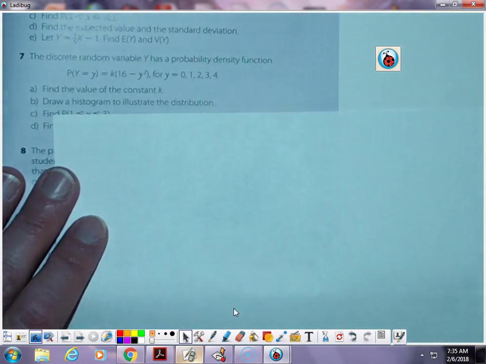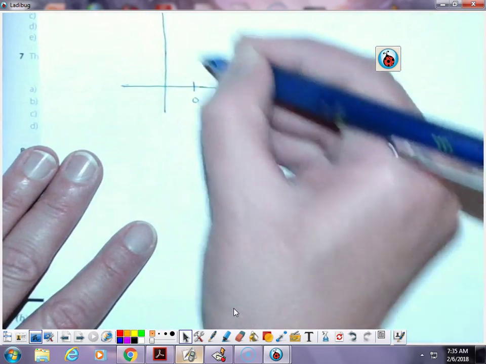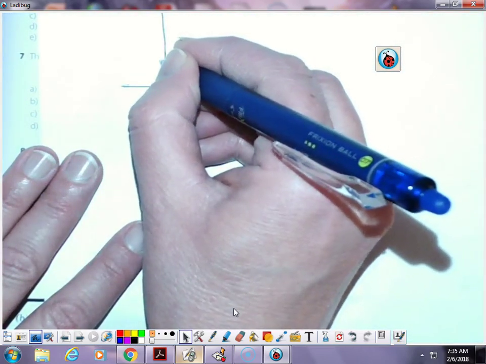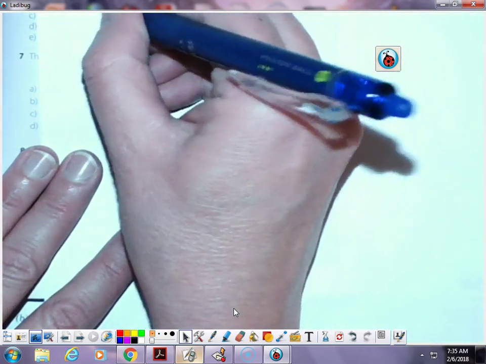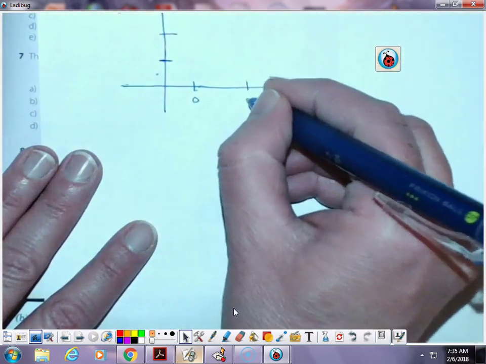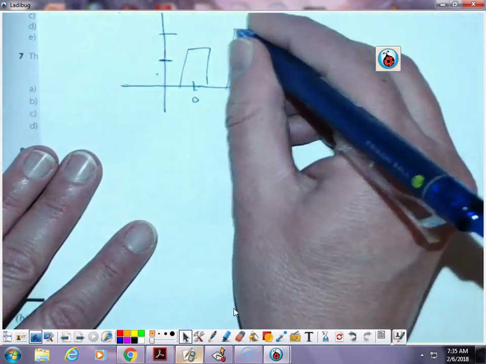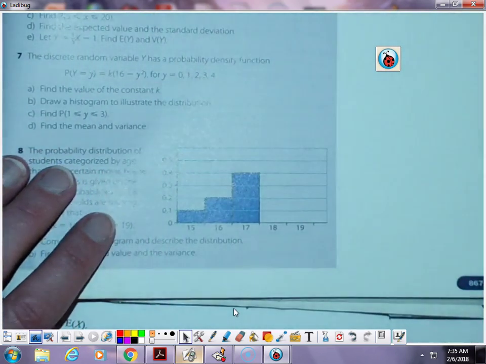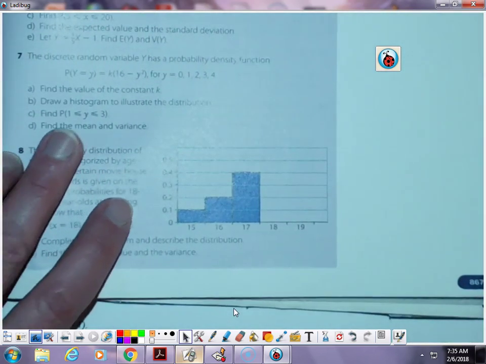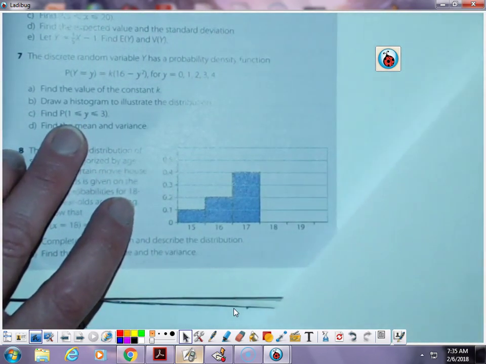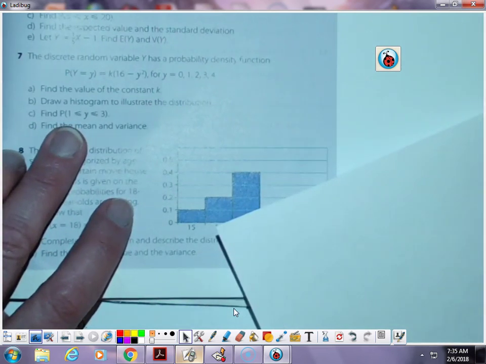You'll actually know the probability of each one. And then to do the graph, is it based on the probability? Yes. Over here would be the probability, and this would just be 0, 1, and you just go up however much for each one.